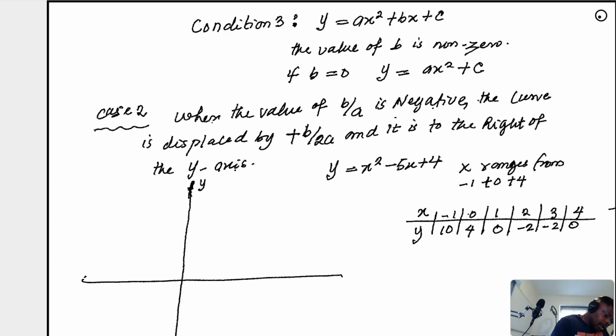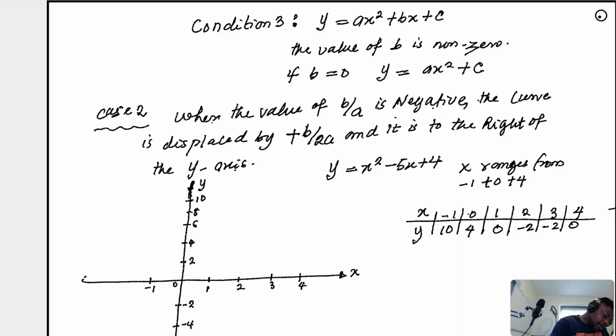So this is y and this is x. So 0, this is minus 1, and this is 1, 2, 3, 4. And for the y value, let's use a unit of 2. So this is minus 2, minus 4.